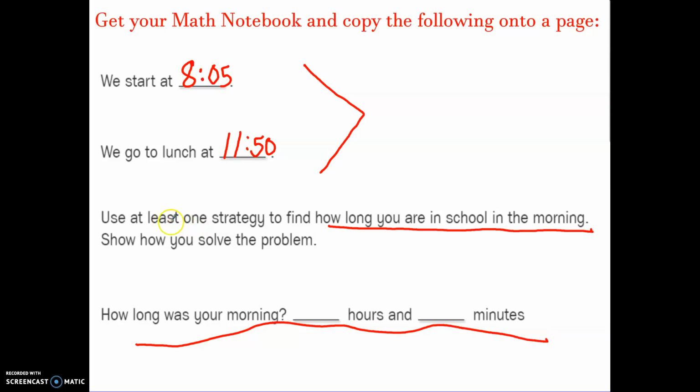It says to use at least one strategy and to show how you solve the problem. To show how you solve the problem in your notebook, you can go ahead and make your number line like this.